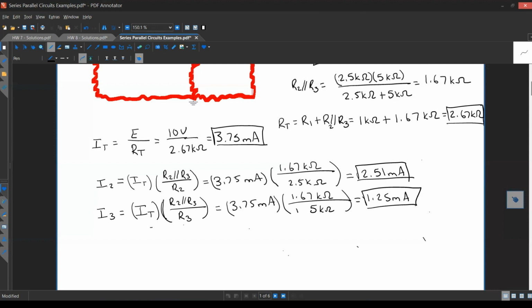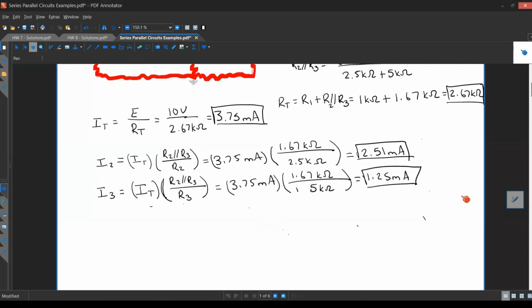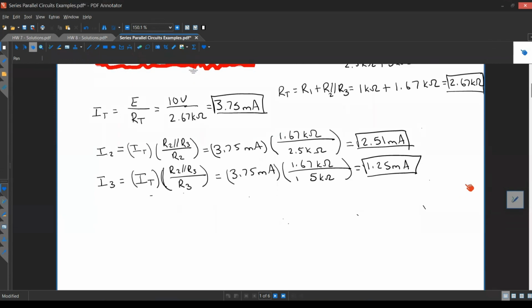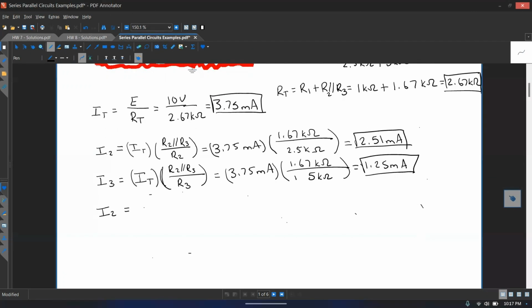All right, and so this is one way you can do a current divider. The other way, and this only works whenever you have two resistors in parallel, is you take your I total and multiply it times the opposite resistor to the one you're trying to find the current through, divided by the sum.